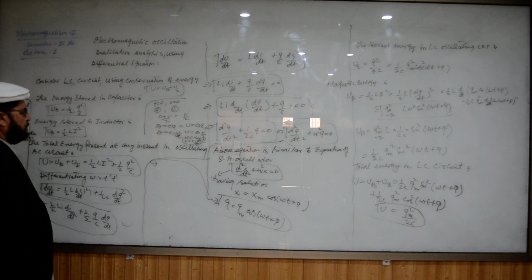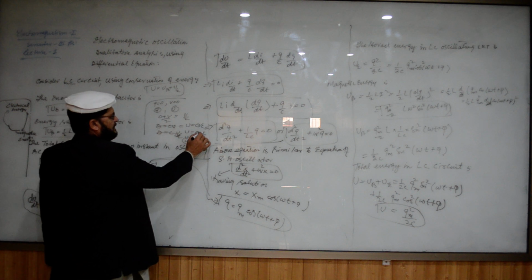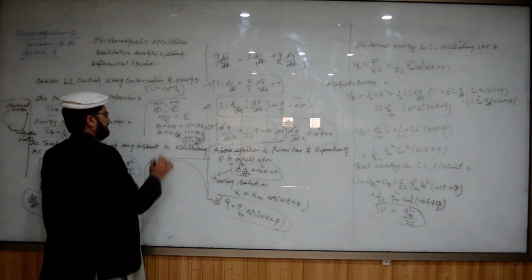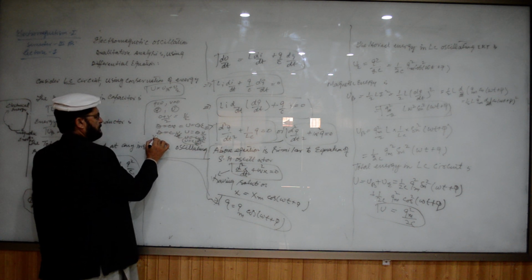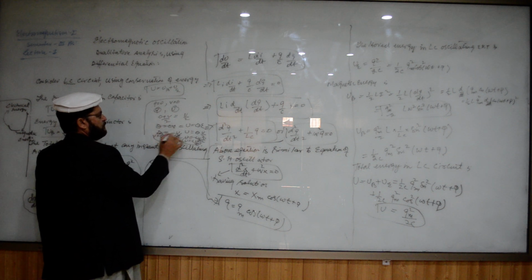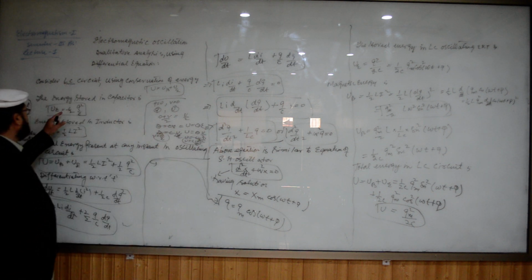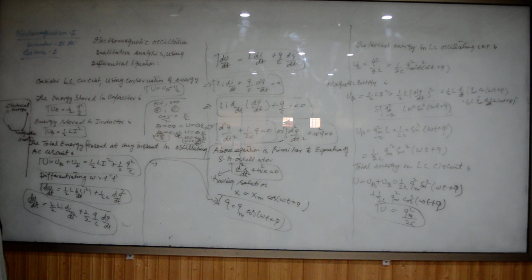If you put V equal to Q by C, you also get in the same way 1 by 2 Q square divided by C.